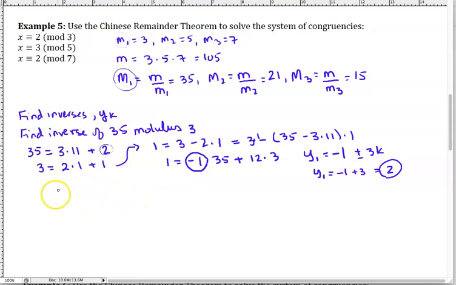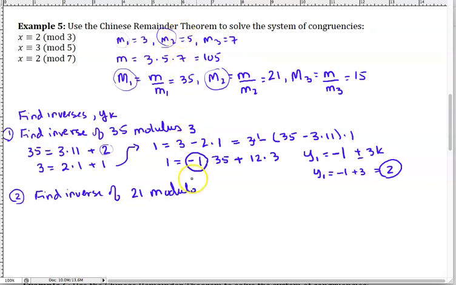Now we're going to find the inverse of the second, this M2 with little m2. So I'm going to find the inverse of 21 modulo 5.